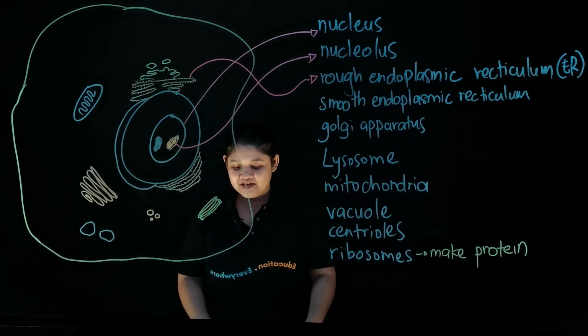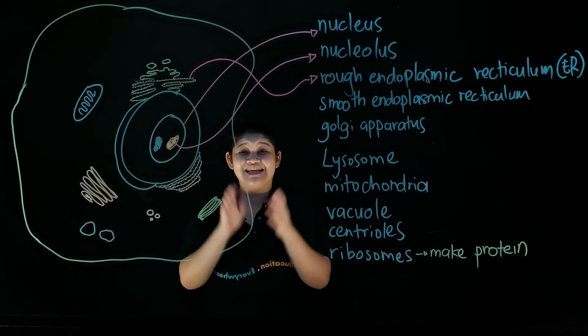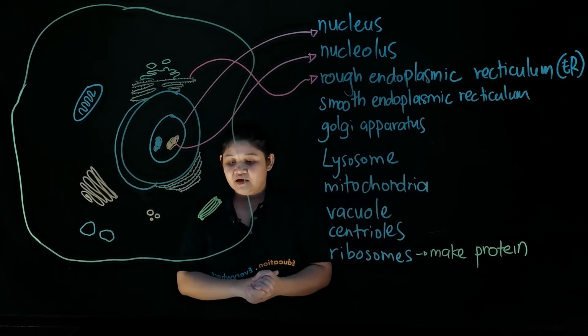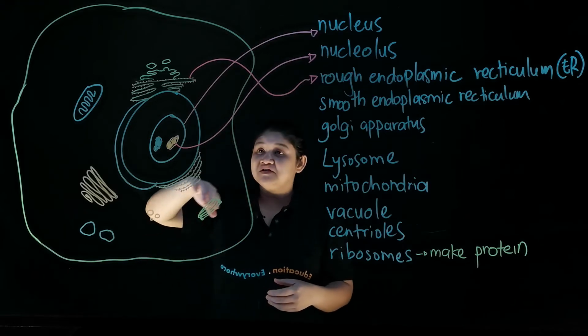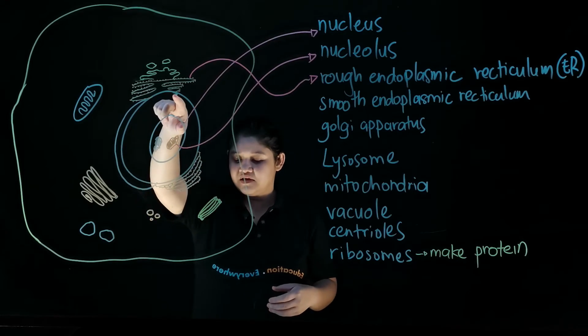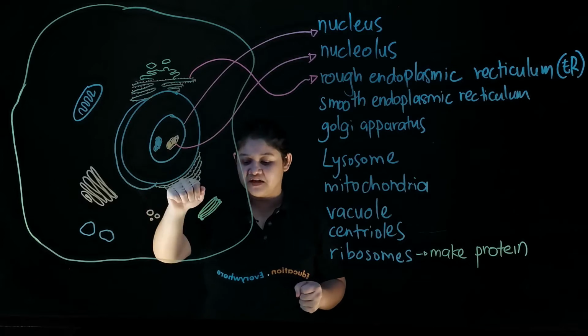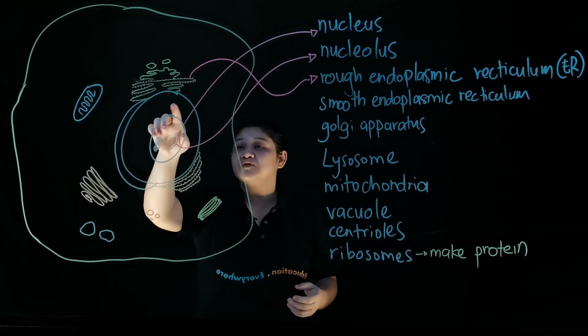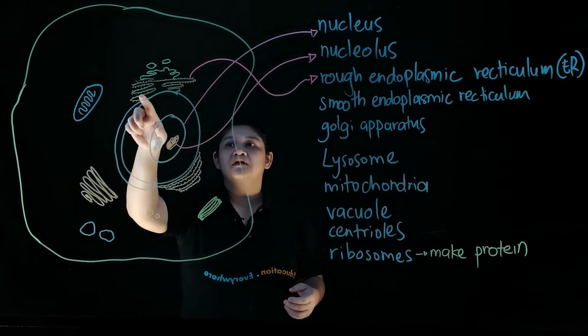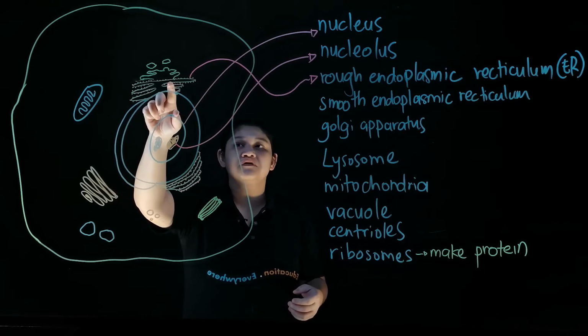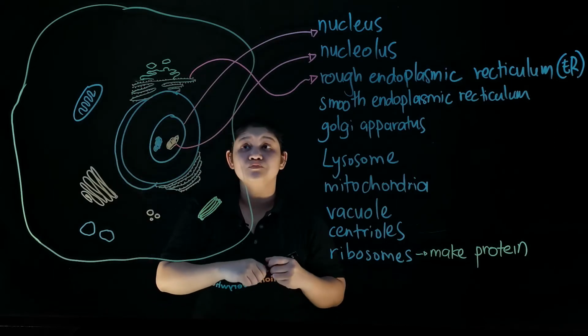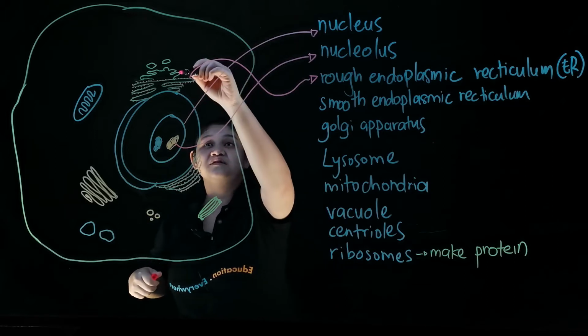Basically it's like a highway. It transfers substances, and carries out many chemical reactions, including protein modification and distribution. So we have rough endoplasmic reticulum here, and then we have smooth endoplasmic reticulum here.